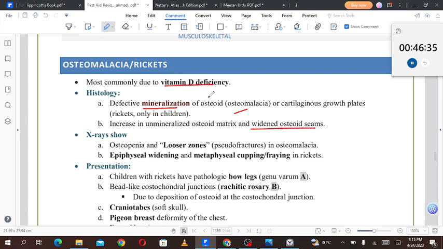For adults we see osteomalacia, while defective mineralization of the cartilaginous growth plate is what we call rickets.